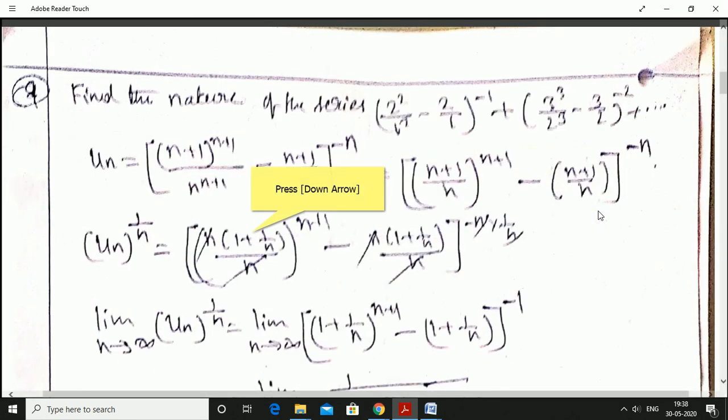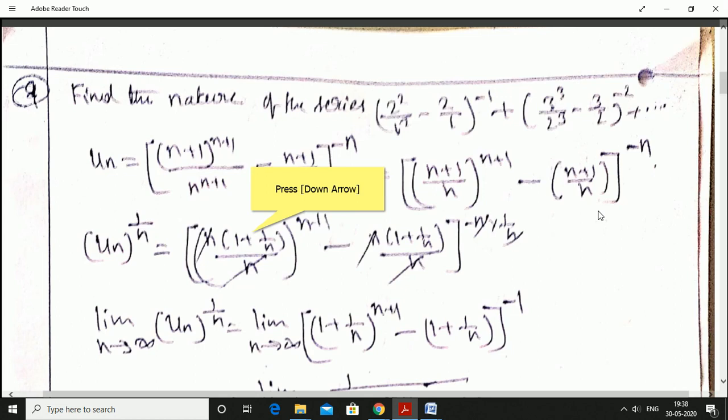Next problem. Find the nature of the series 2 square by 1 square minus 2 by 1 to the power of minus 1, plus 3 cube divided by 2 cube minus 3 by 2 power minus 2, plus and so on. Here the nth term is, look at this, 2 square by 1 square, 3 cube divided by 2 cube, meaning (n plus 1) to the power of n plus 1 divided by n to the power of n plus 1, minus ((n plus 1) divided by n) whole power minus n.